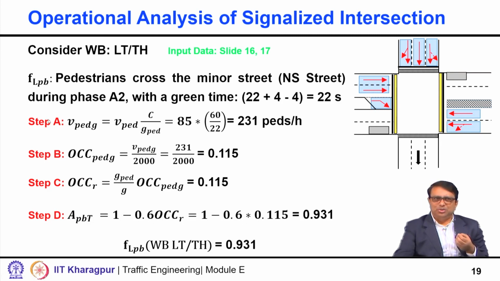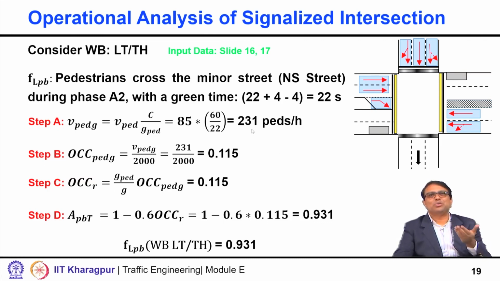Now, we are going to step A, B, C and D one after another. So, what is VPDG? Simply apply this equation, 85 pedestrians per hour multiplied by cycle time is 60, green time is 22. So, you get this flow rate during green. When pedestrian green is there, what is the flow rate?